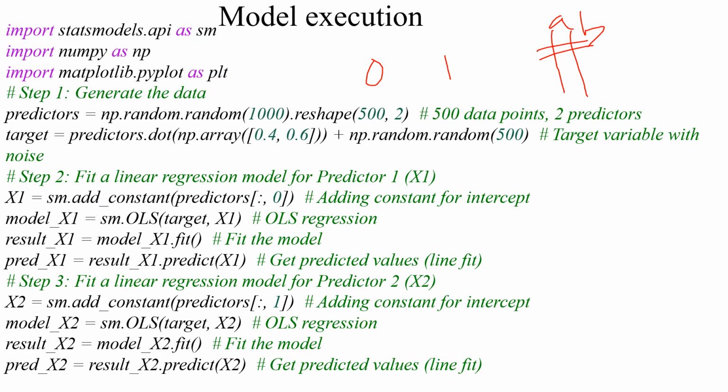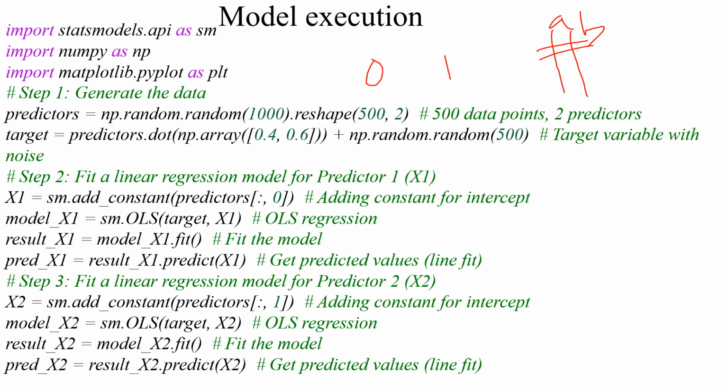Next we are going to fit two models, because there are two columns. First we take the first column. We have to add a constant, because the equation is y equal to mx plus c, and we are going to find the constant value. But before we find it, we first replace that value by 1.